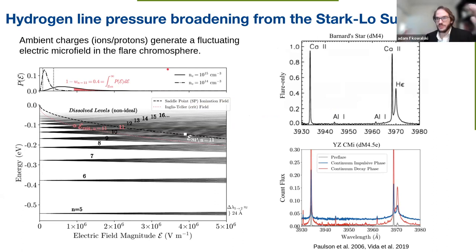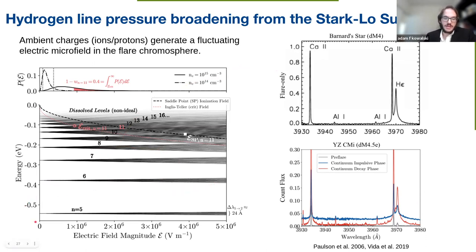So in the flare chromosphere, there is some neutral hydrogen, it's partially ionized. You have some ambient electrons, you have some ambient protons. These are not the beam electrons, by the way. These are just the ambient electrons and protons. And they perturb hydrogen atoms and break the degeneracy in L in each principal quantum number, illustrated on the left.